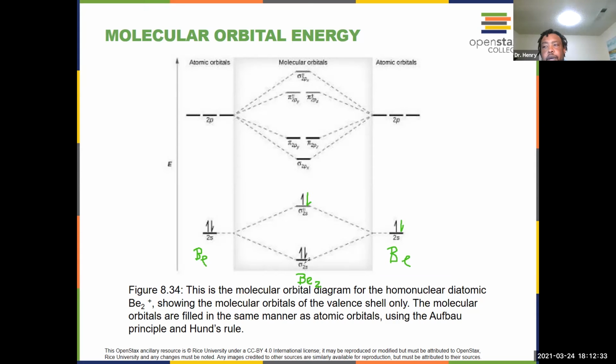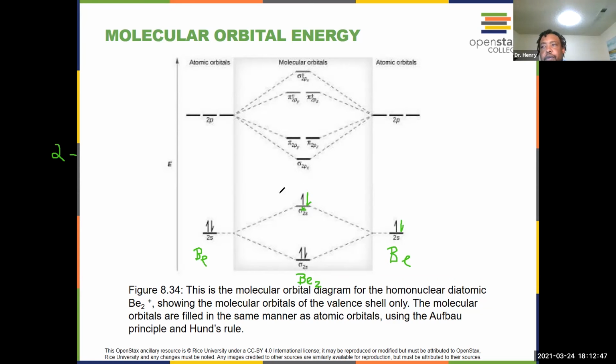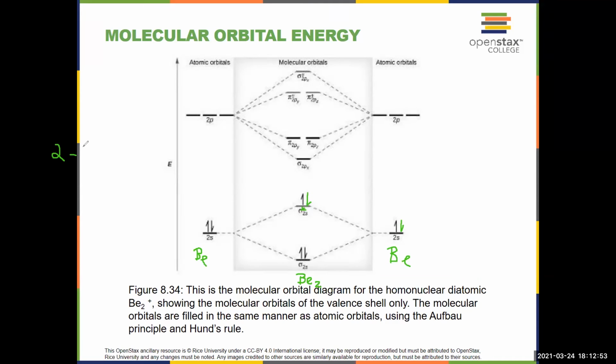So remember, this is sigma bonding. This is sigma anti-bonding. That's a star there, or sigma star. Okay, so how many electrons do we have here? 2. So we have 2 bonding electrons, and how many do we have in our anti-bonding orbital? 2.